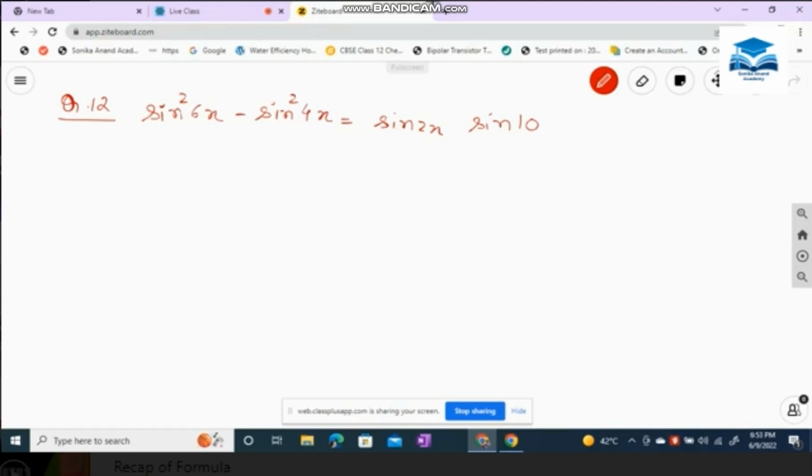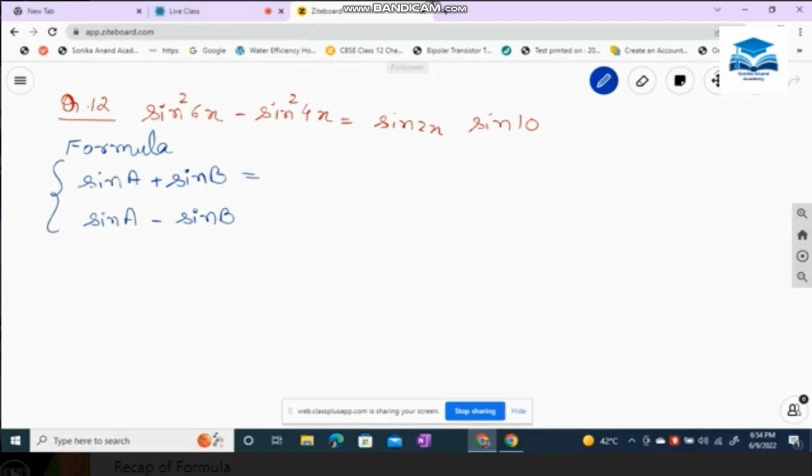Now here there are two formulas. Firstly, I am just giving you a listing. Formula: sine A plus sine B. Another formula: sine A minus sine B. These formulas are used.